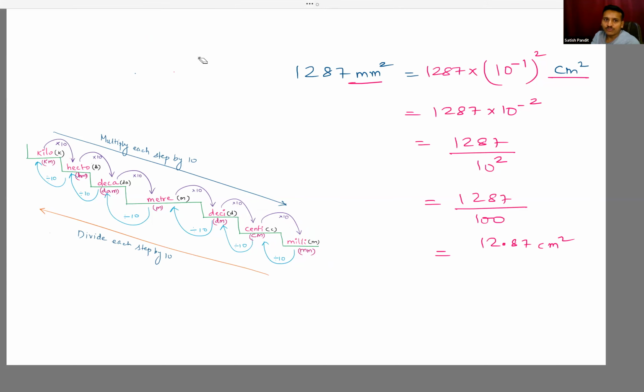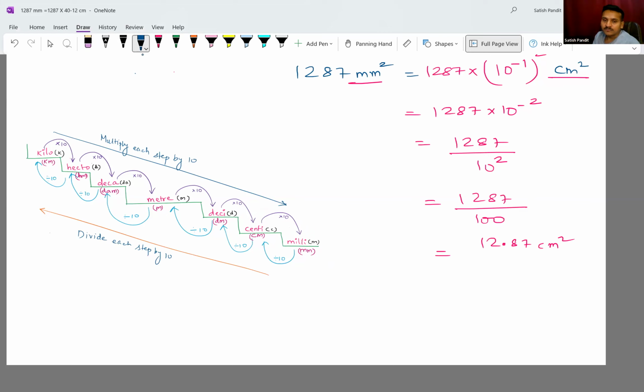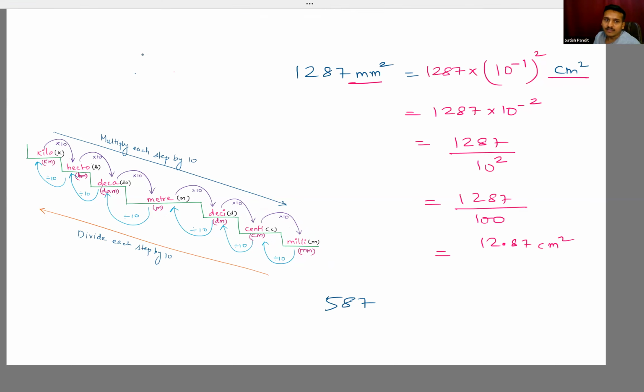Now, can you try to convert 587 decimeter square to meter square? DM is decimeter, and it is square, okay? Because we're doing area, I want the answer in decimals, okay?